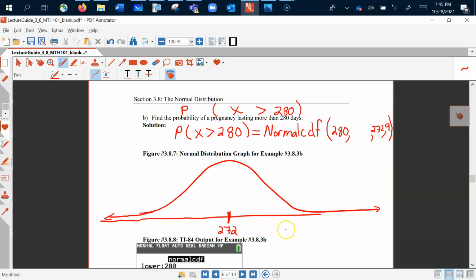So this is pregnancy length. Okay, and the standard deviation was 9 days, so I think I can add 9 to 272. I get 281, so that's going to be right at the transition point, 281. Right, notice right there is where it changes from hilltop to valley. And 272 minus 9, that's going to be right here.